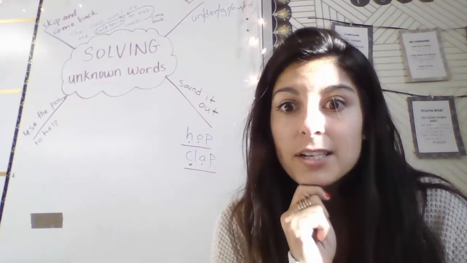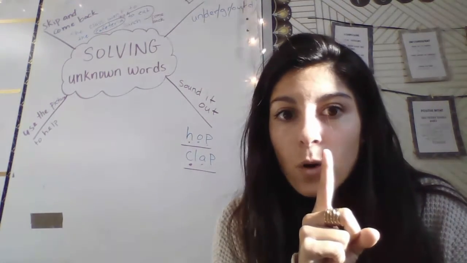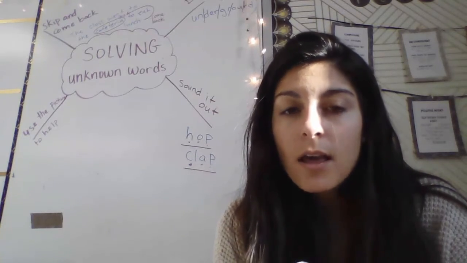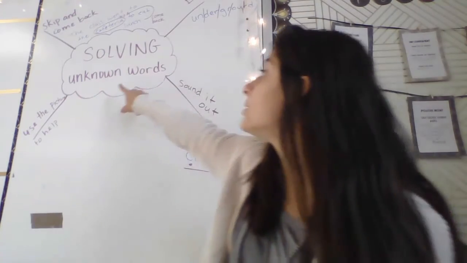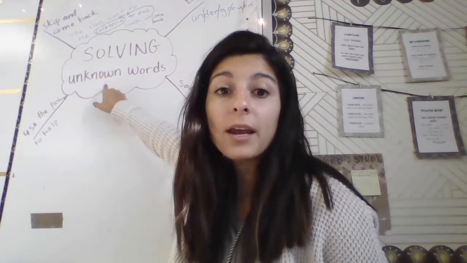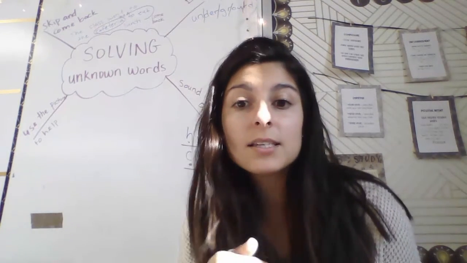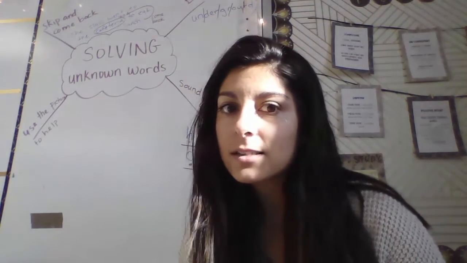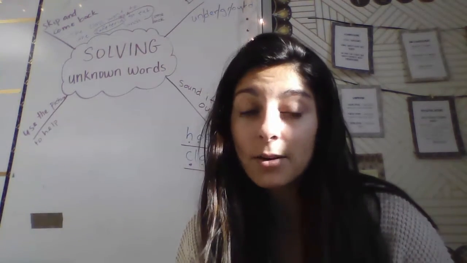And what you're going to do is tell me at least one, maybe more, make a list of some words that you did not know. Some words that you had to solve today. So you didn't know them, but you were able to solve them. I want you to make a list of those words. And then maybe we can practice solving them in class, okay?